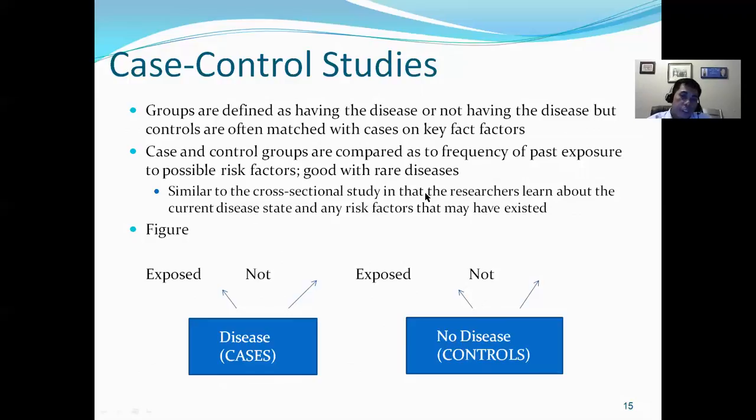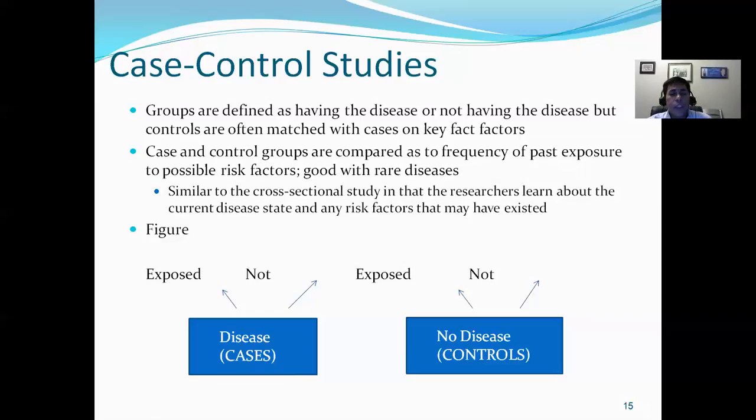So case and control are compared as the frequency of past exposure to possible risk factors. And this is really a very good epidemiological design when it talks about rare diseases, or when you're trying to find out rare diseases, their frequencies and their occurrences and their incidence or their prevalence.